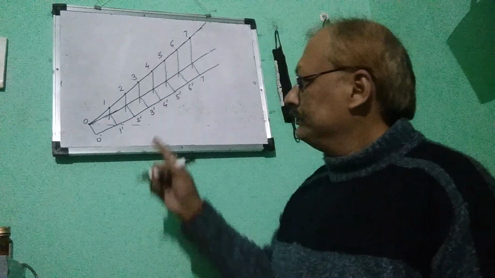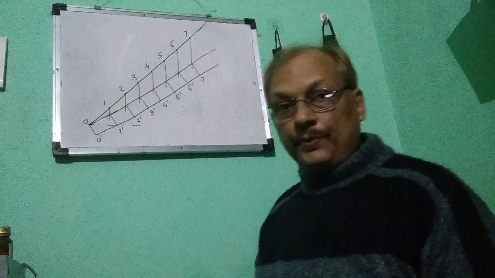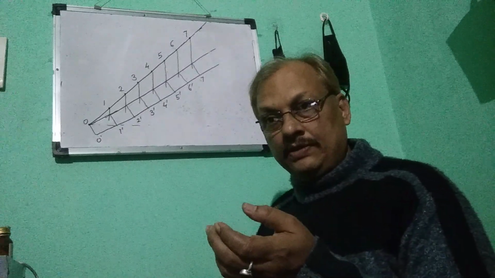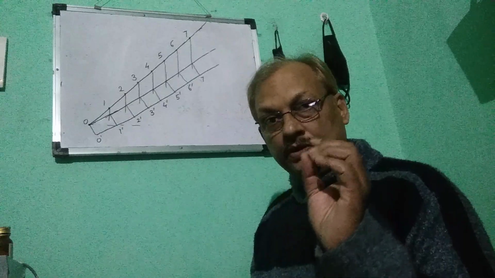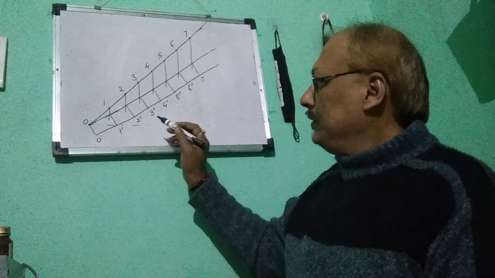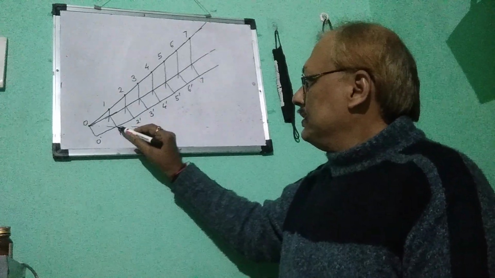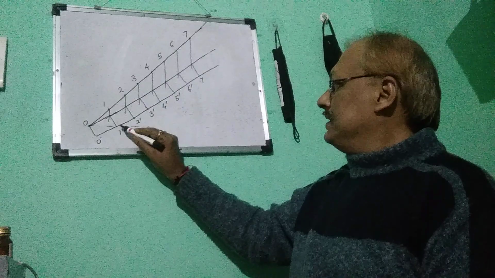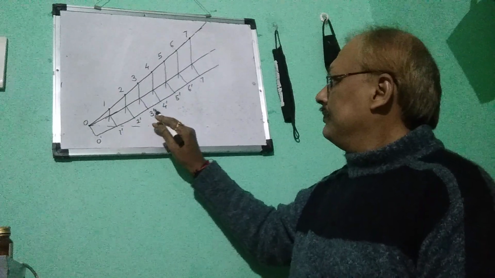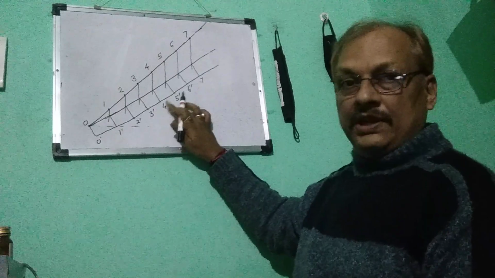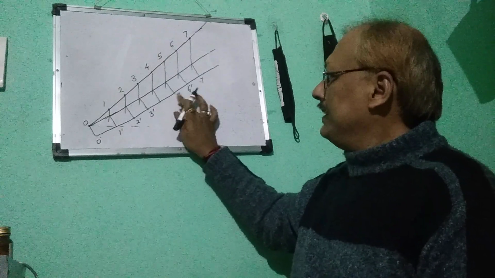Now suppose any one graduation you have to make for mm. So you have to divide it into 10 parts. Suppose it is this. Okay, so I'm rubbing it for clarity.